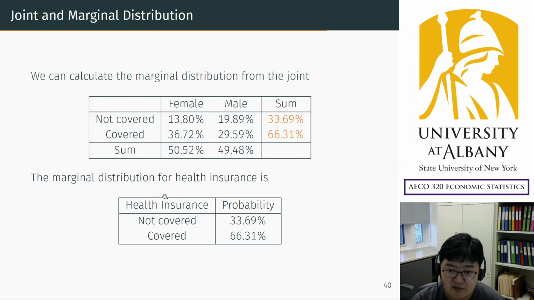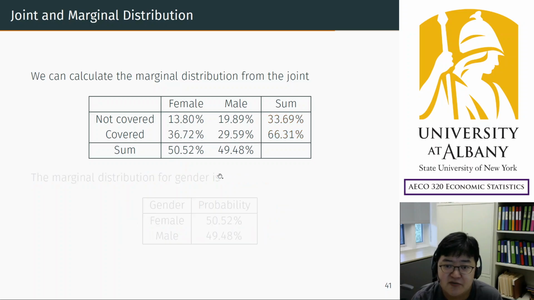In this table, gender disappears. Gender is integrated out. It's filtered out by summing out. So this is the joint distribution, and this is a marginal distribution. We just learned how to convert a joint distribution into a marginal distribution. You can do the same thing for gender, right?